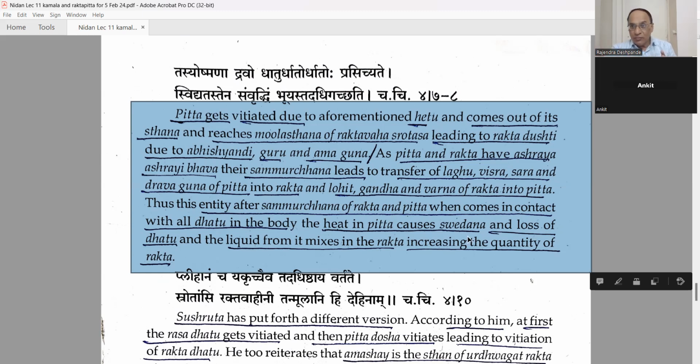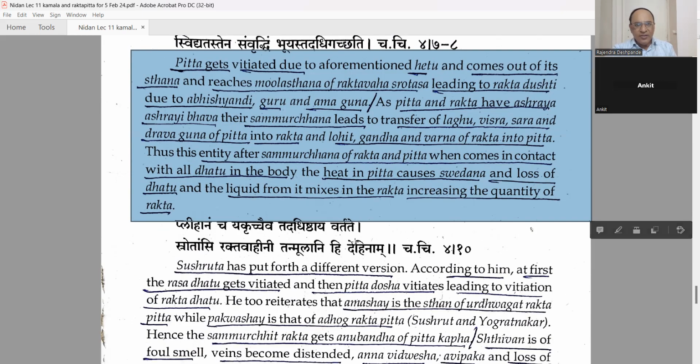And loss of Dhatu. So Dhatus will be destroyed in the body. And the liquid from it mixes with the Rakta Dhatu. Kleda will be more. Kleda is like a liquid waste part from the tissue metabolism. It will mix with the Pitta, and again Pitta dosha will be problematic, will be Dushit. So you write down these steps, and if you have any difficulty, you can write down in the comment box or you can WhatsApp me.